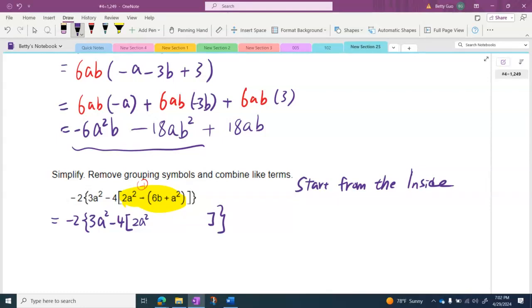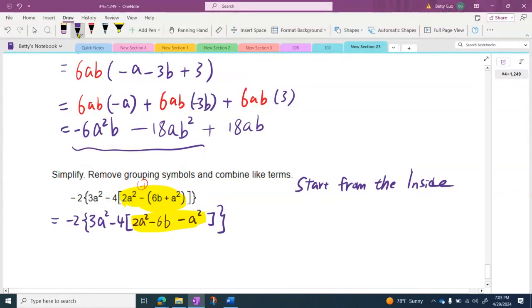So -1 times 6b, negative 6b. -1 times a squared, negative a squared. When the coefficient of a parenthesis is -1, we remove the parentheses, and everything in the parenthesis becomes its opposite. So 6b becomes -6b, a squared becomes -a squared. So that's the yellow part.